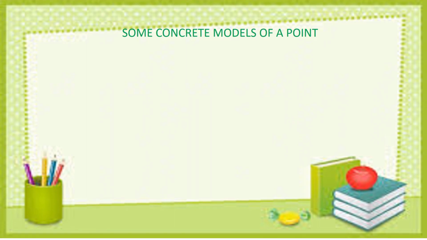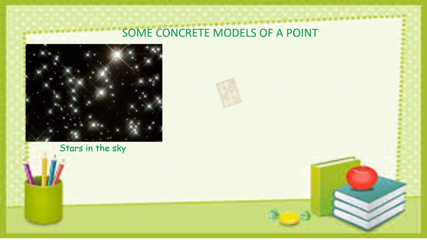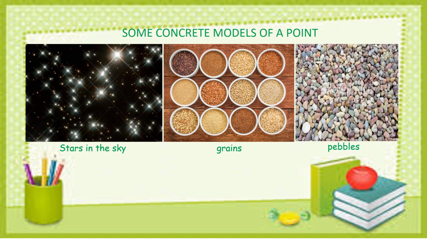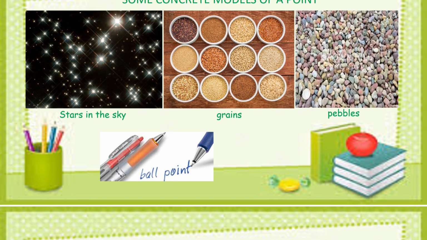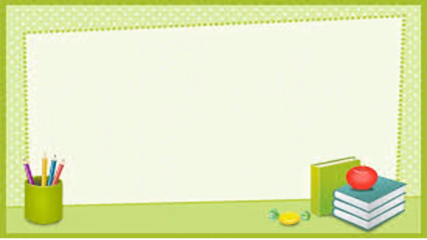Some concrete models of a point: we have stars, grains, pebbles, ballpoints, and many others in our surroundings. Going back to these points, when we connect point A and point B, then what is formed?